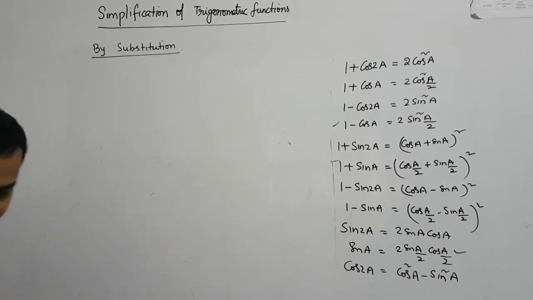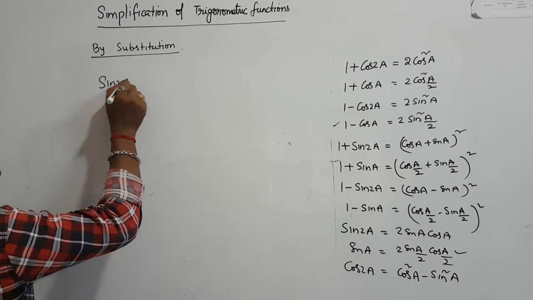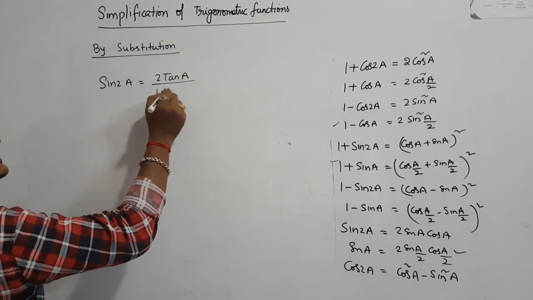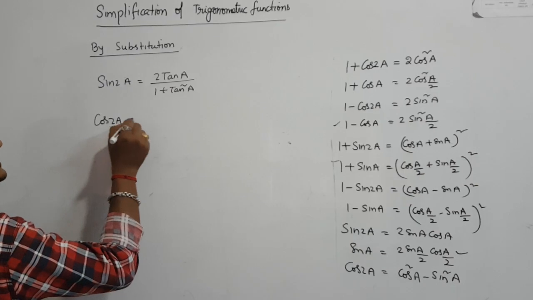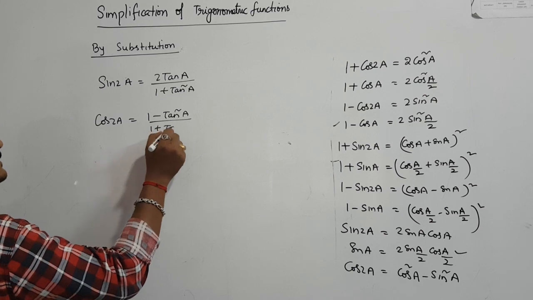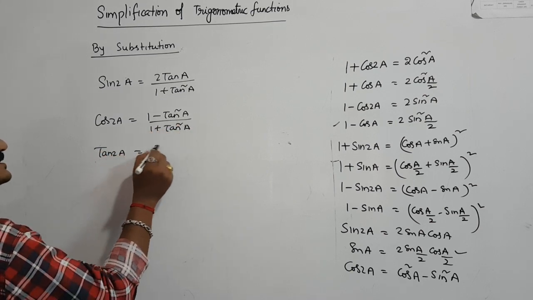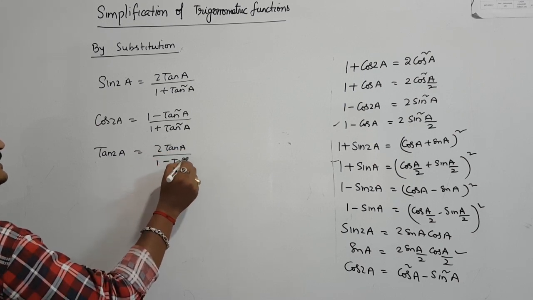Now, see, we can derive some formulas. Sin 2a has a formula in tan a: 2 tan a by 1 plus tan square a. Cos 2a is equal to 1 minus tan square a by 1 plus tan square a. Again, tan 2a is 2 tan a by 1 minus tan square a.